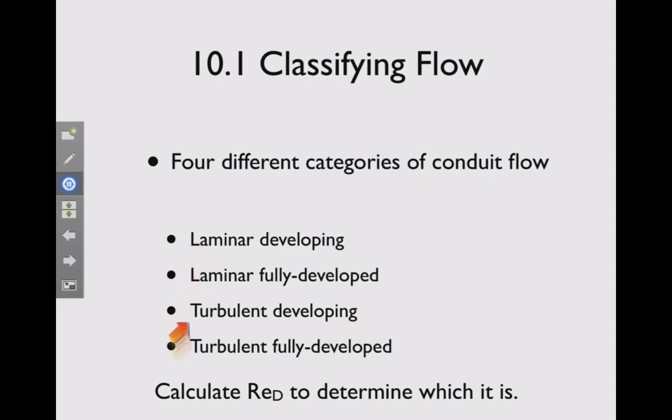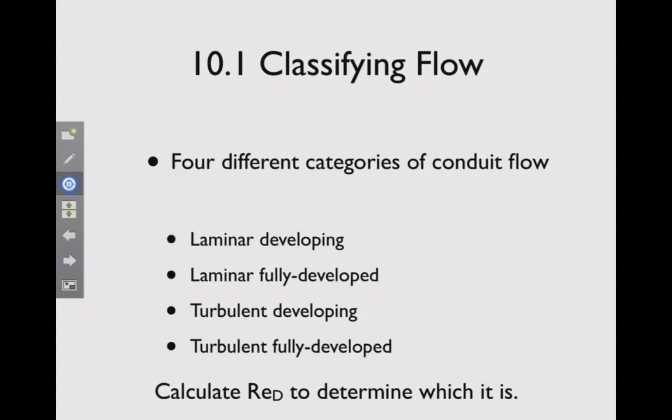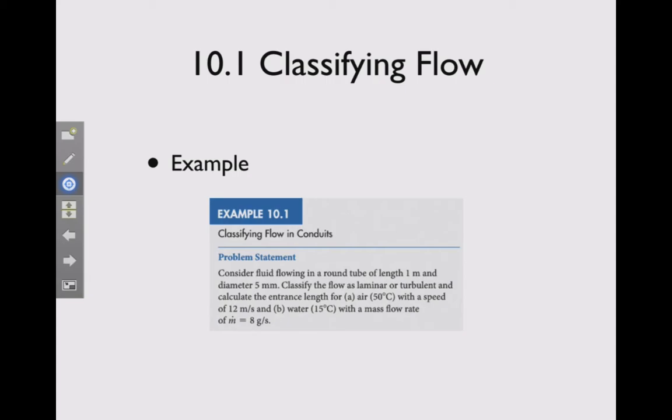If we're in the turbulent region, we can also have developing and fully developed flow, but we will use this equation here to calculate the value. As I mentioned before, we'll need to first calculate the Reynolds number to determine which situation we're in. So we'll do some examples like this in class during our time to work out problems.